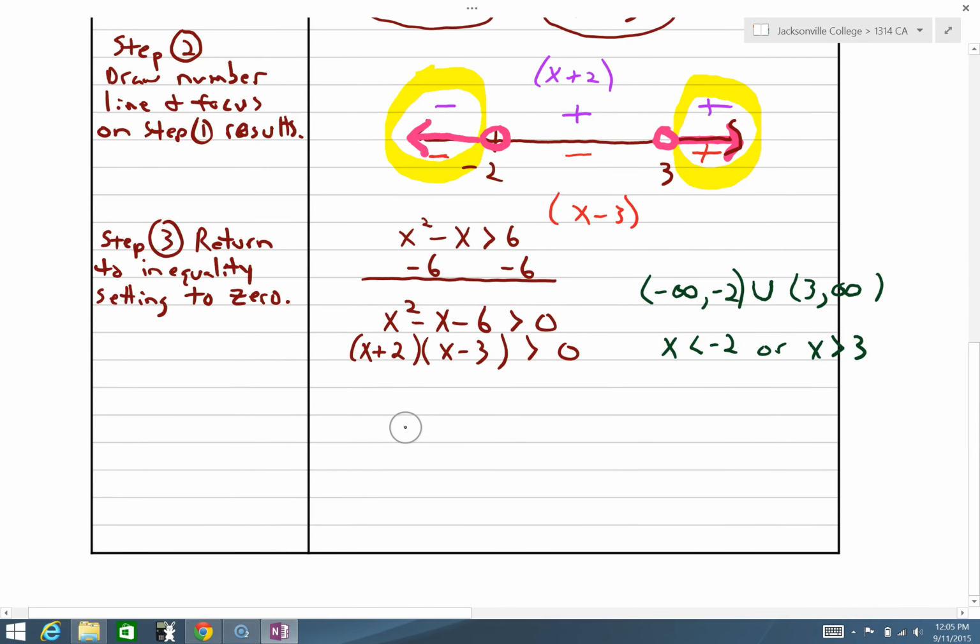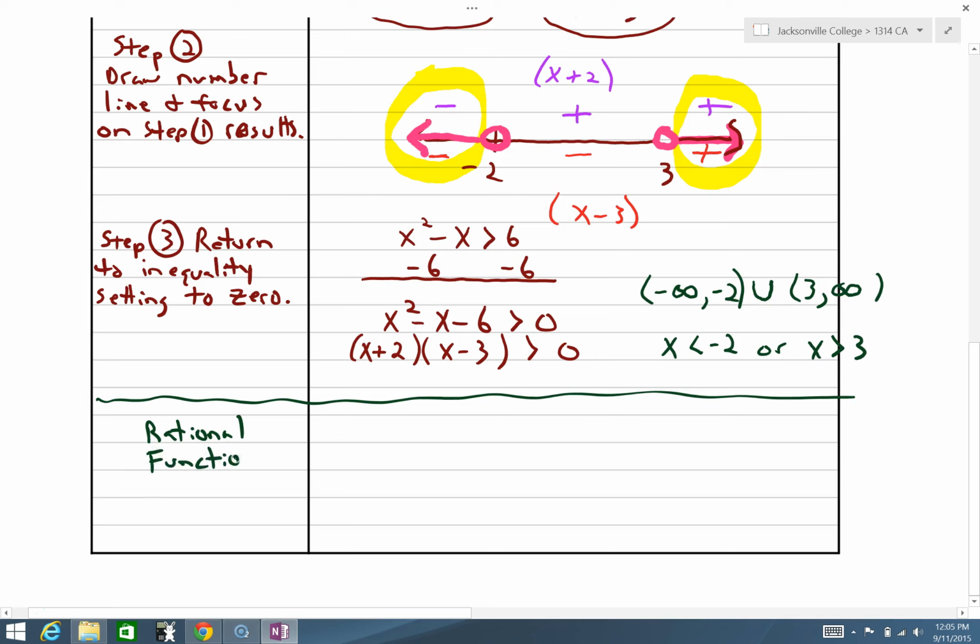If we have some polynomial, and by division we're talking about a rational function. A rational function is some function of the form p over q, where q is not equal to 0. We have some kind of division.